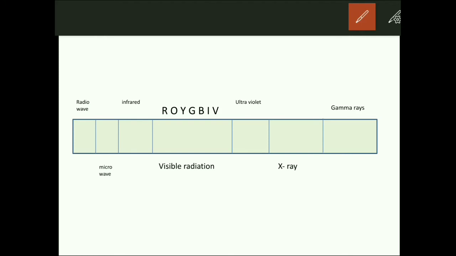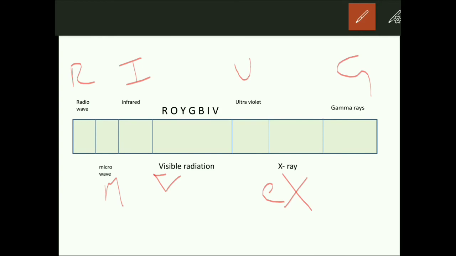Ram is V, very: V stands for visible radiation. Ugly, U for ultraviolet radiation. Extra genius: X-ray and gamma ray. Ram is very ugly but extra genius.